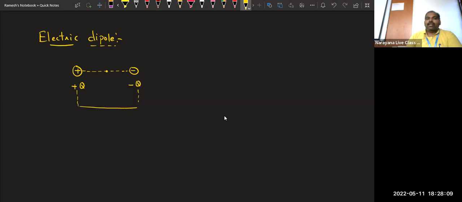What is the length of this dipole? 2d. Then how can you define the electric dipole? System of two equal and opposite point charges separated by some fixed distance is defined as what here? Electric dipole. Many examples are there in our day-to-day life.